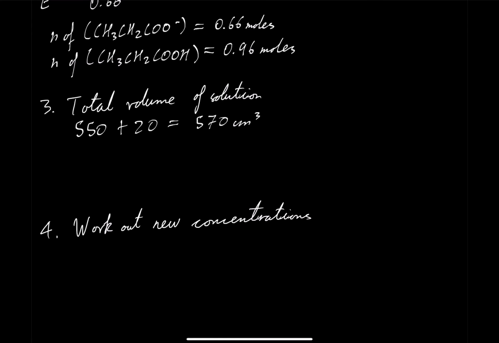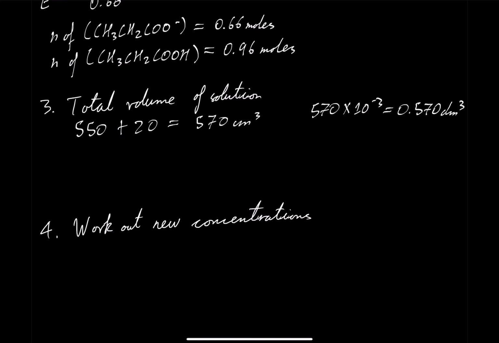But remember, this needs to be in decimeters cubed. Sometimes you can just see it directly and write 0.57, but 570 times 10 to the power of minus 3 equals 0.570 decimeters cubed.